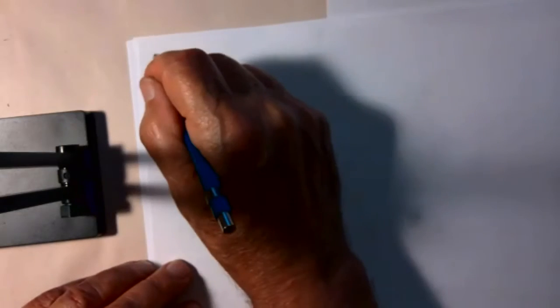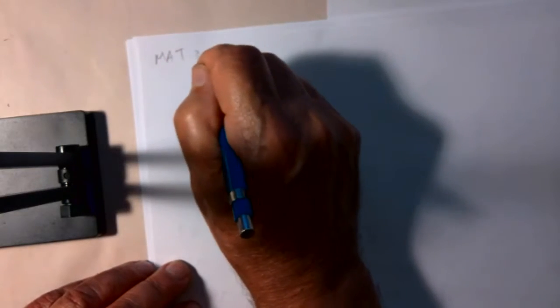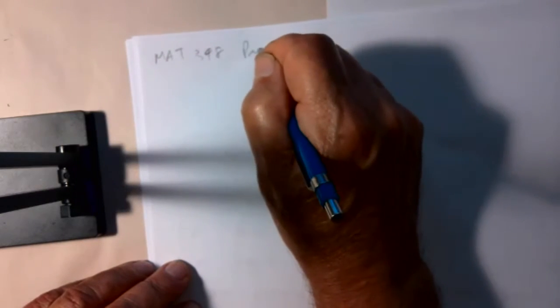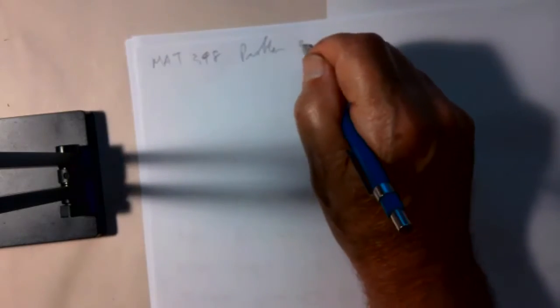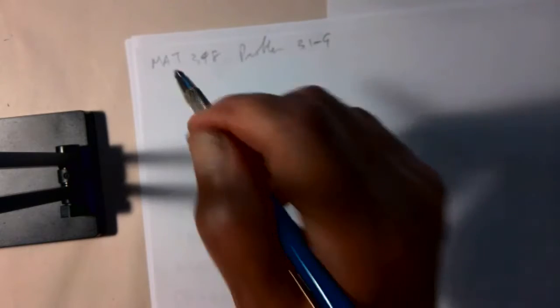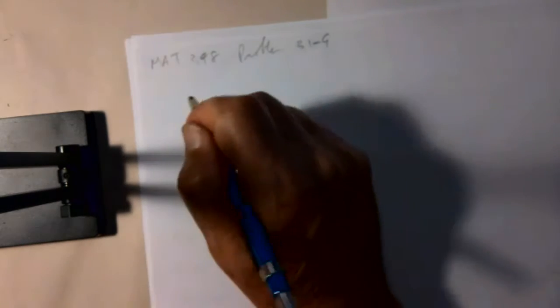For example, in this problem, what is it that you want to maximize? So in Math 348, problem 3.1-9, you're going to make 2 types of windows.